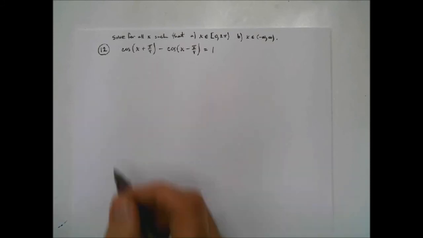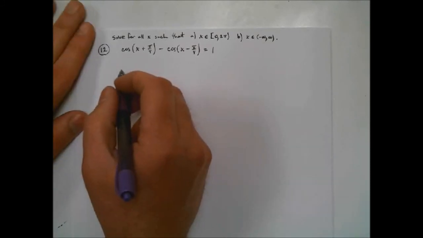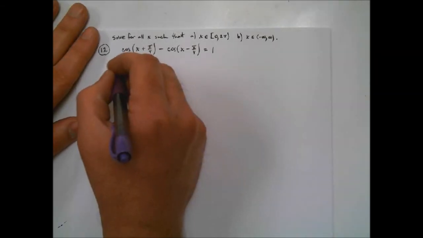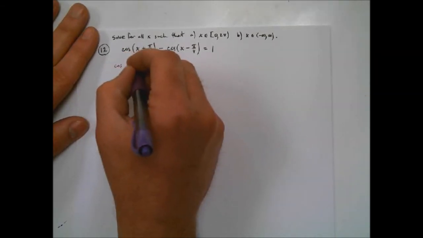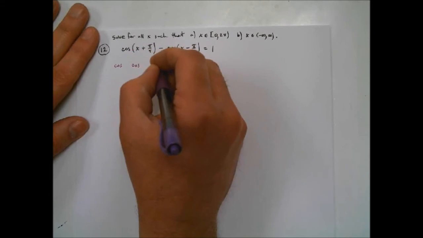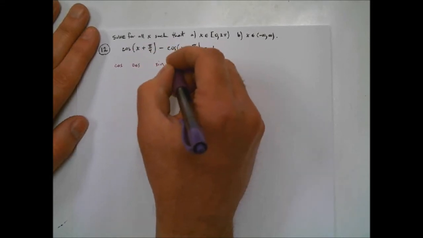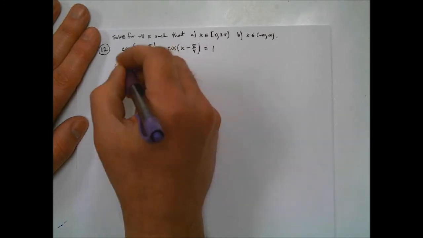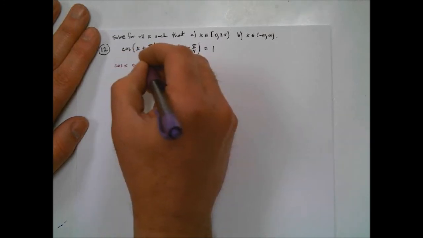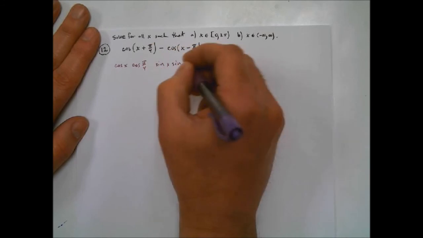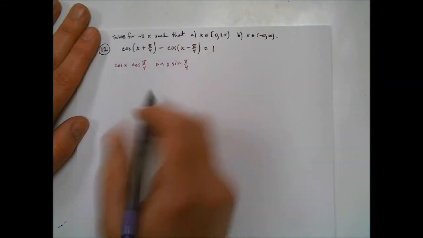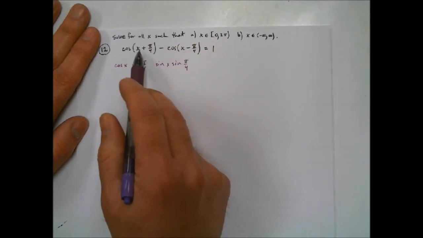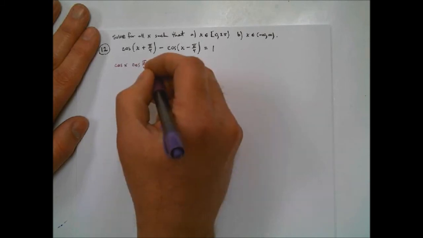So cos, cos, sine, sine. Alpha, beta, so x, pi over 4, x, pi over 4, and cosine change. So plus here, minus there.